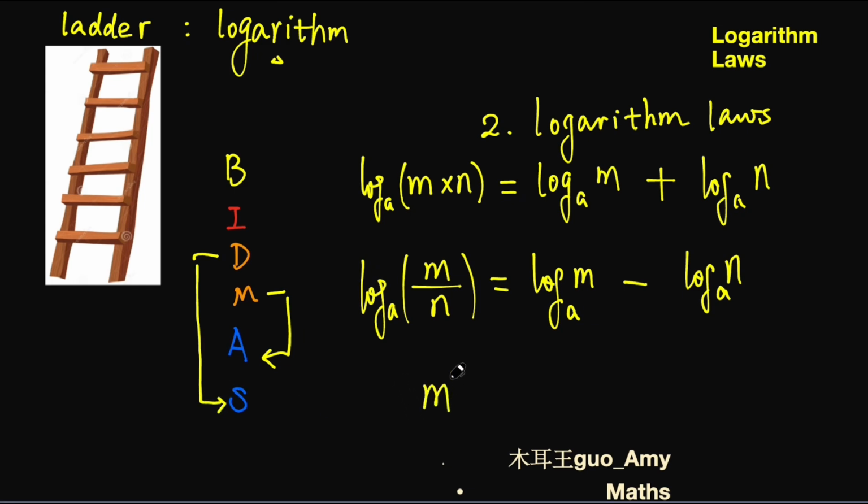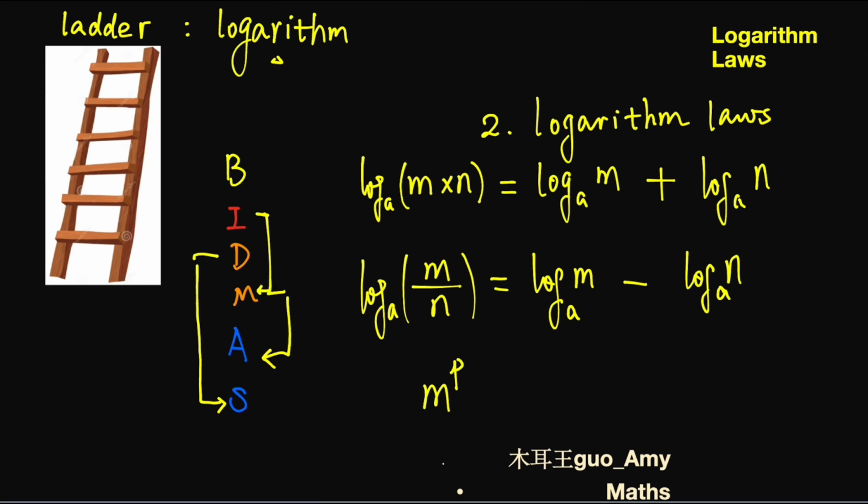If we have m to the power p, the operation involved is index. And for this operation, it will be lowered to multiplication.